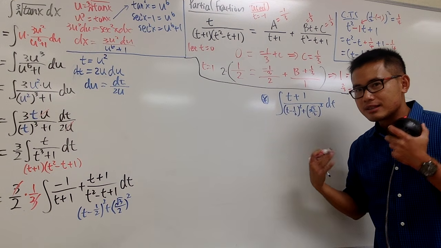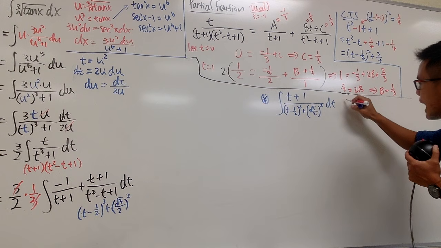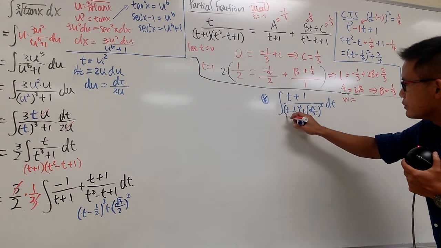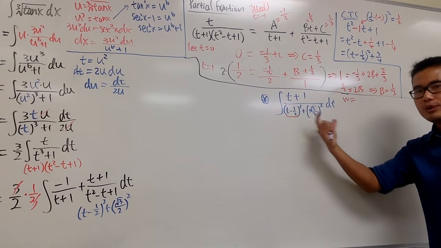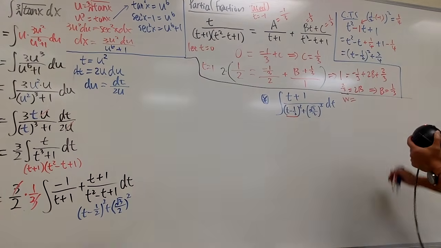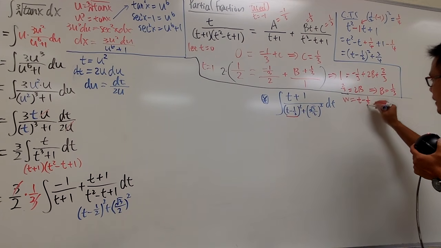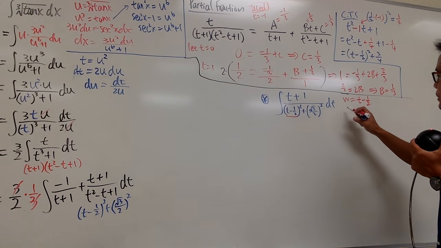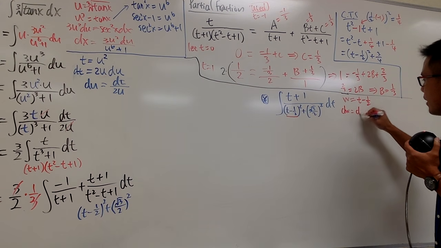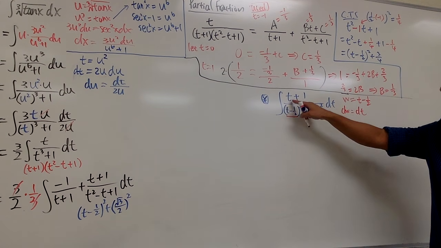Now we have to do another substitution. I'm going to let w equal to this right here, because you are going to use the inverse tangent, the arctangent. So I'm going to let w equal the inside, which is t minus 1/2. The good thing is that dw and dt are the same after you differentiate both sides. And look, on the top I have t plus 1.